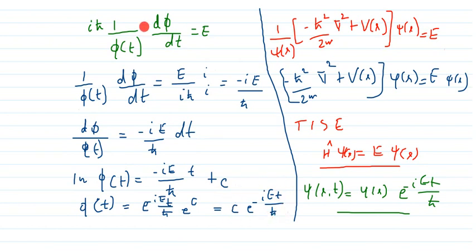Now coming to the right hand side, that is the space part, we are just rearranging it. Take phi of t to the right hand side. So this turns out to be the time independent Schrodinger equation. So here we don't have any term containing the time variable, and this is the time independent Schrodinger equation.